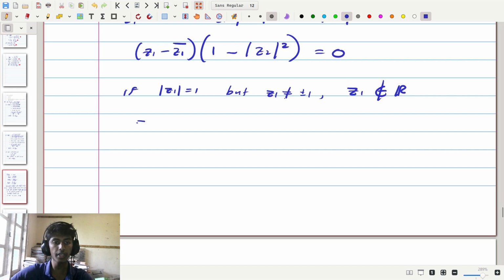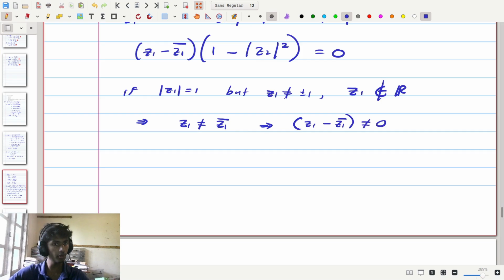According to this, Z1 is not equal to Z1 conjugate, because if it was equal, it would have to be a real number. So Z1 is not equal to Z1 conjugate, leading us to Z1 minus Z1 conjugate not being equal to 0.